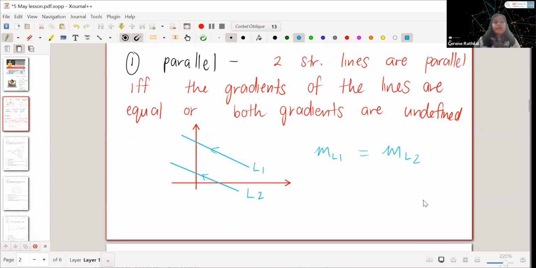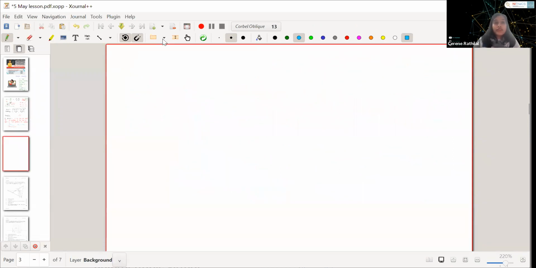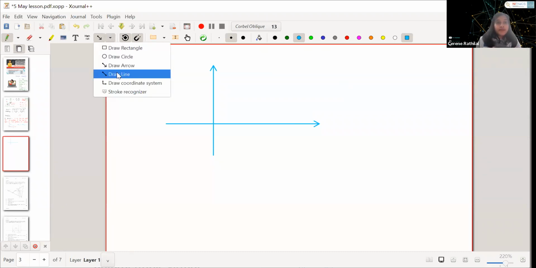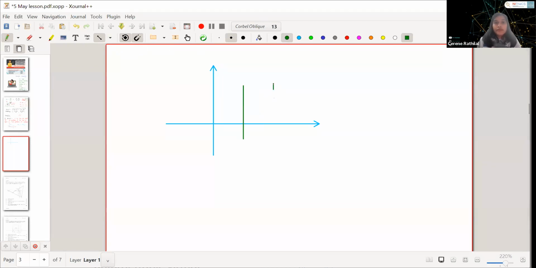The other case that I was trying to describe to you was undefined. If we're looking at this undefined situation, clearly these two lines are vertical. They're perpendicular to the x-axis, but they are also parallel.